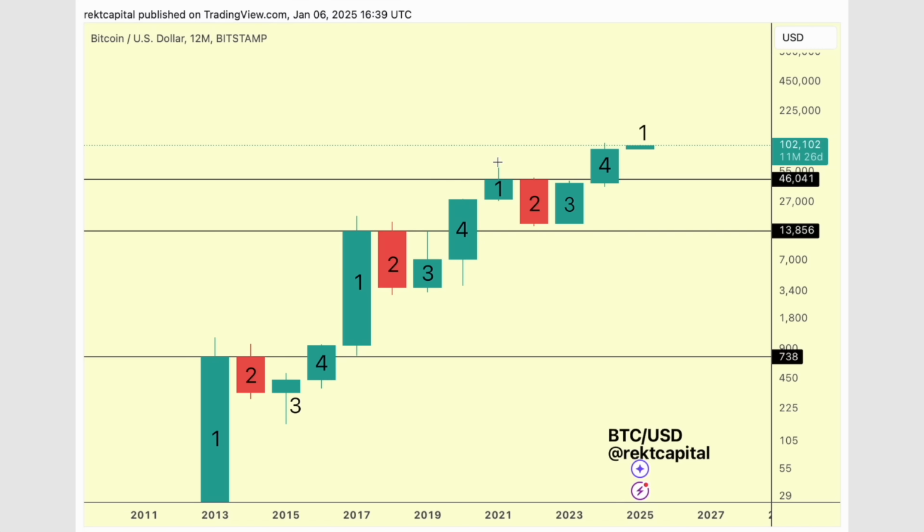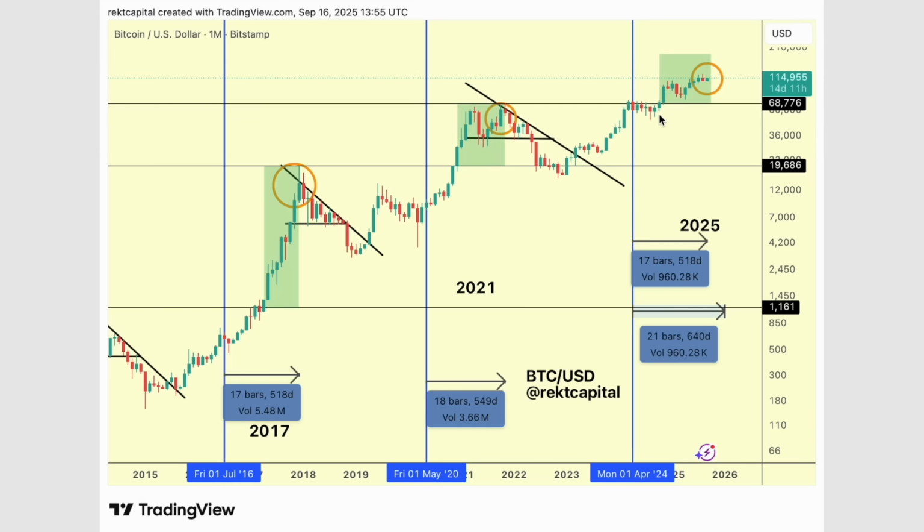So no need to throw out the 4-year cycle just yet. At least wait for it to be showcasing signs of invalidation, and we're not really seeing any of that. Granted, we are seeing periods in the cycle of clustering, which we've been seeing get quite prolonged. This reaccumulation phase was much longer, for example, than the reaccumulation phase that we saw develop after the halving, which came out from the March 2020 crash.